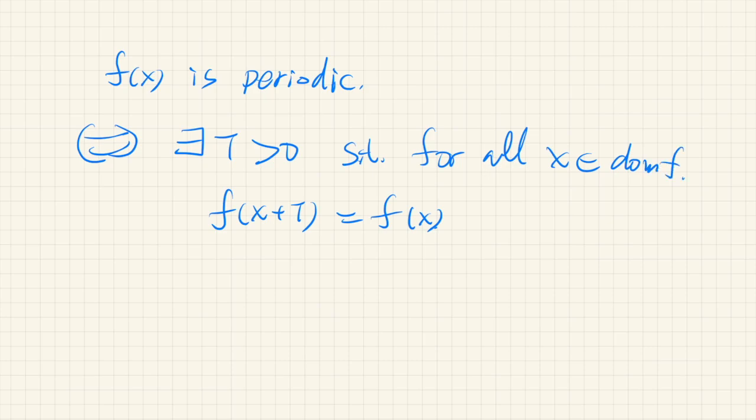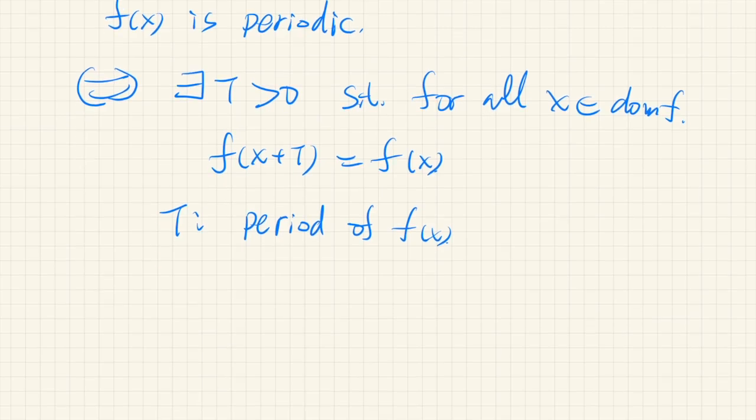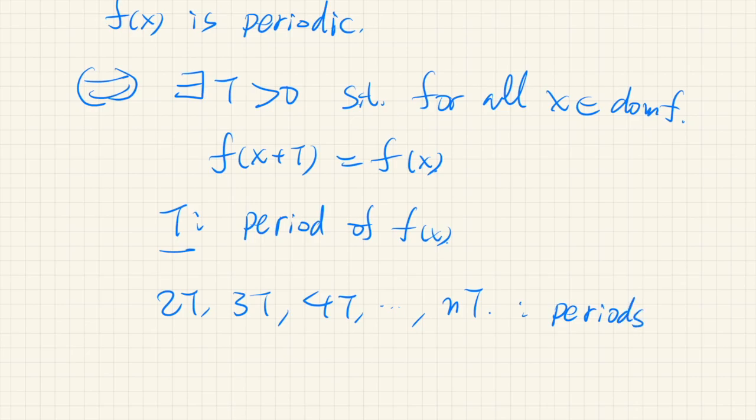In this case, we say this real number T is a period of f of x. If T is a period, then 2T, 3T, 4T, and so on, any integer multiple of T, is also a period. They are all periods of the same function. And the smallest positive period is called the fundamental period.